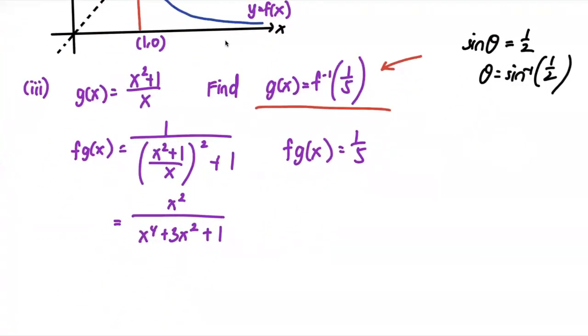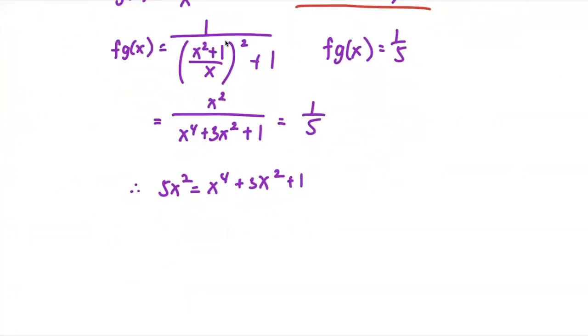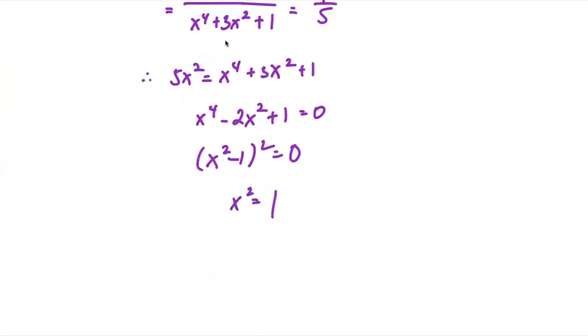So this whole thing here is 1 over 5. Therefore, 5x squared equals to x to the power of 4 plus 3x squared plus 1. X to the power of 4 minus 2x squared plus 1 equals to 0. X squared minus 1, whole thing squared, is equals to 0. X squared equals to 1. X equals to plus minus 1.